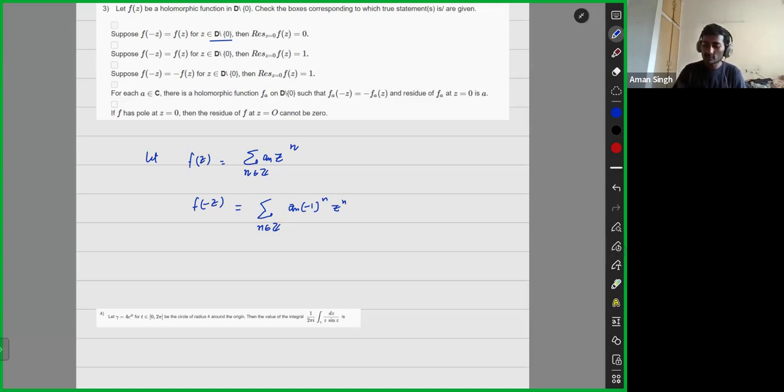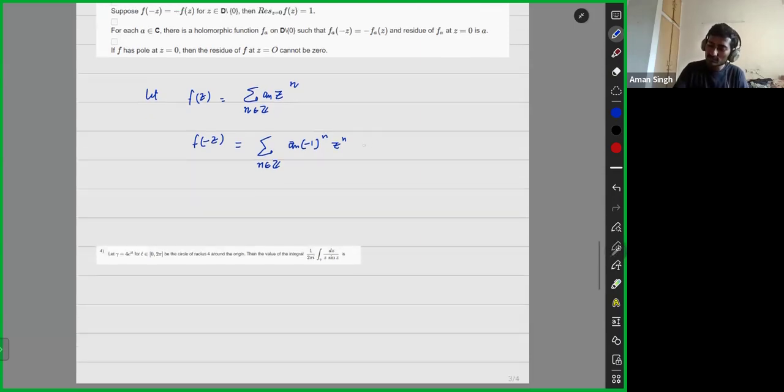So it splits into two summations: for n in 2Z it is a_n z^n, minus, for n in 2Z plus 1, a_n z^n.